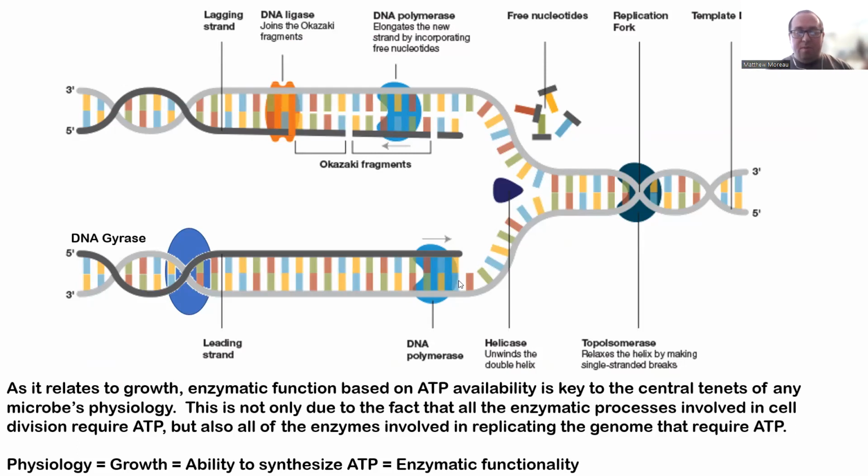And so the base tenet here is that physiology, or central physiology, does allow for cells to grow because they have competed for the resources in order to grow. And because they've been able to acquire resources, they can create ATP, and this then results in enzymatic functionality.